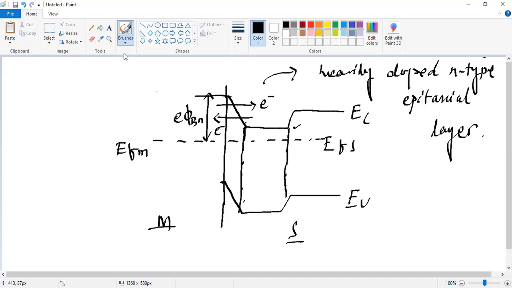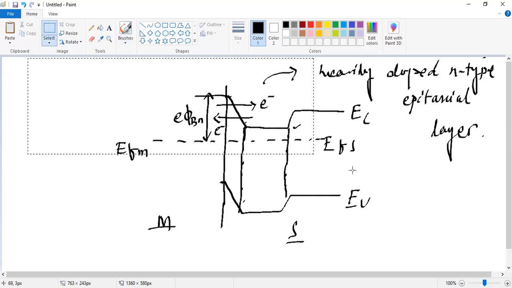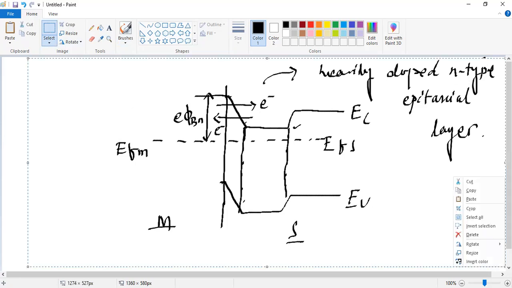Now, for the tunneling current, I'm writing the expression, and the derivation we will do in some other video.